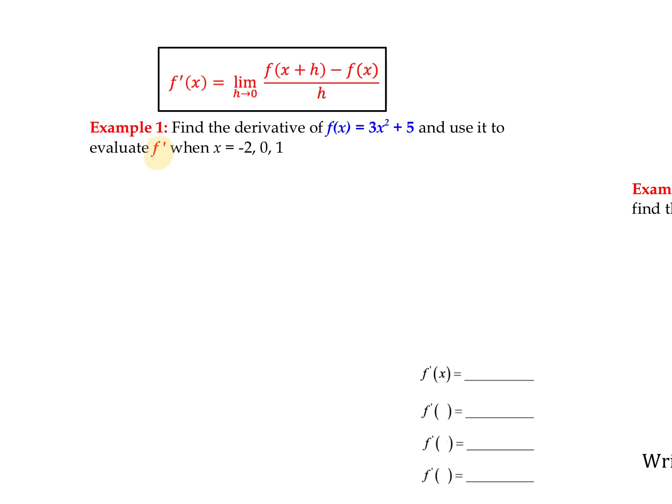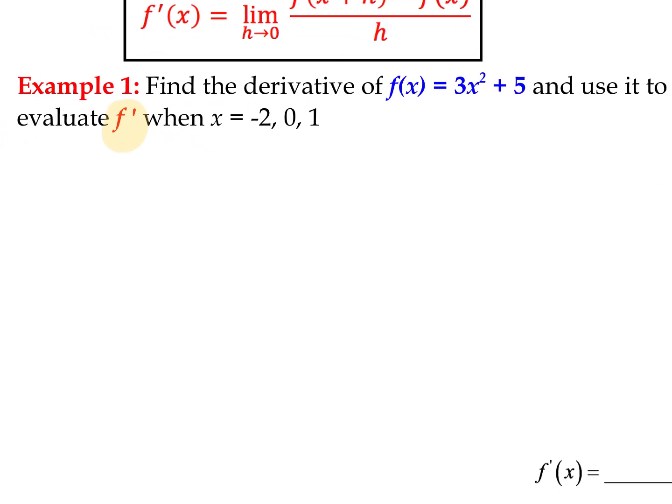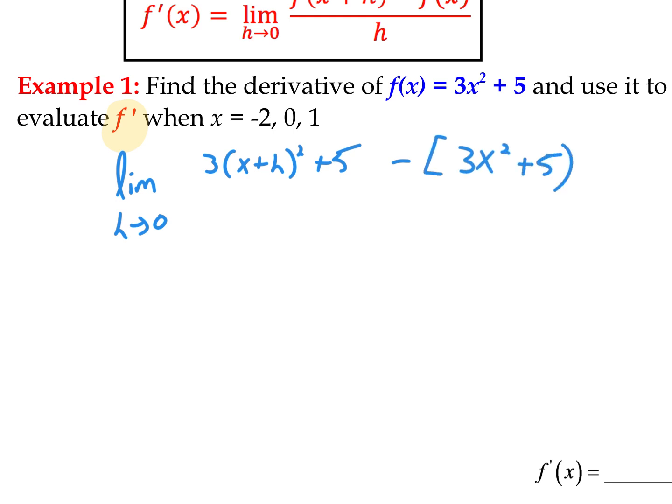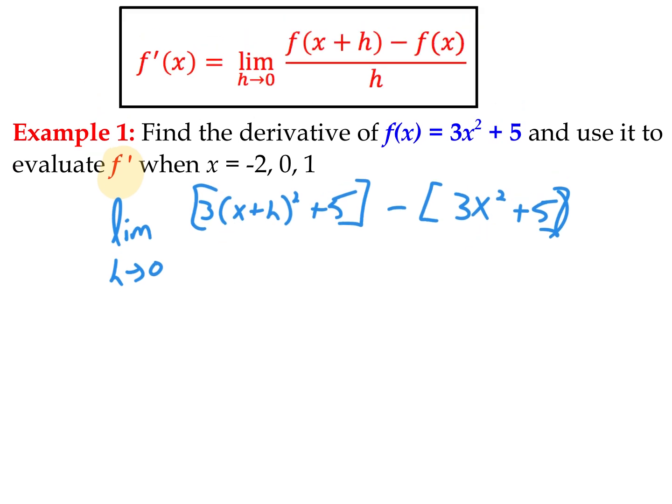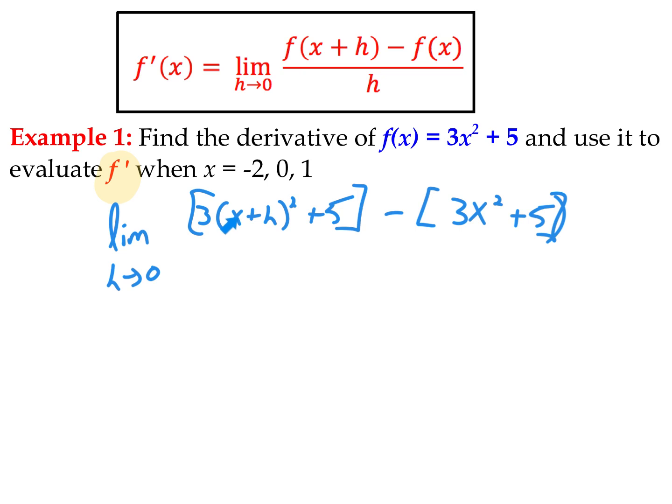So I'm going to have the limit, zoom in a bit, the limit as h goes to 0 of 3 times, I already screwed up, 3 times x plus h squared plus 5 minus 3x squared plus 5. So we have f of x plus h minus f of x. So that's just this numerator right here, f of x plus h minus f of x, all over h.